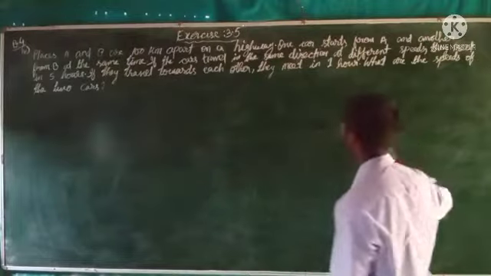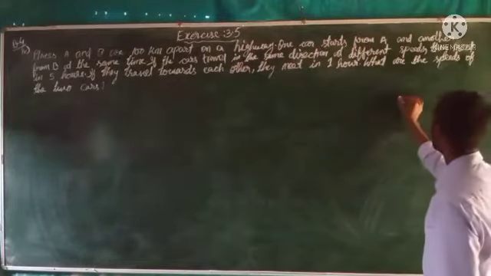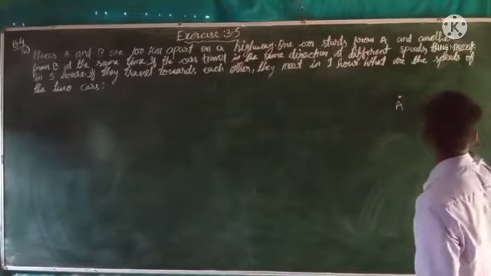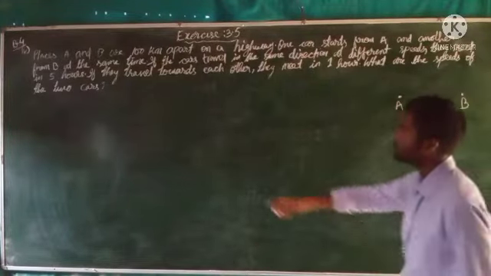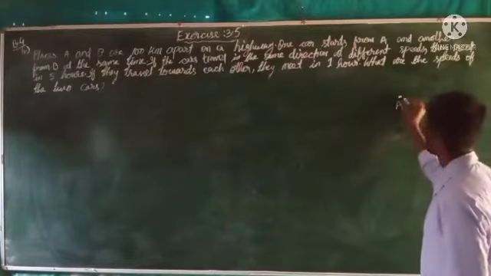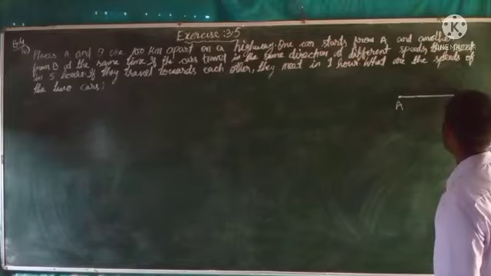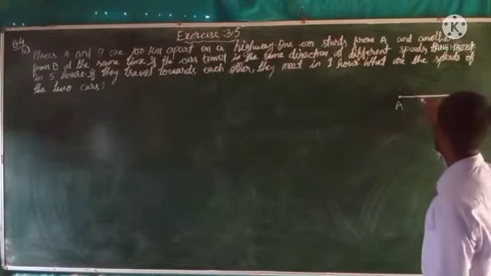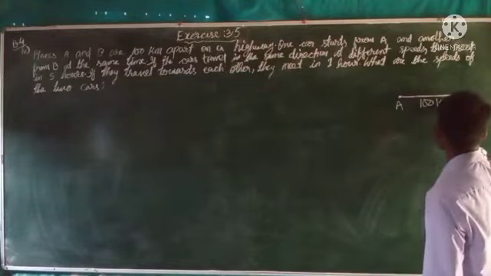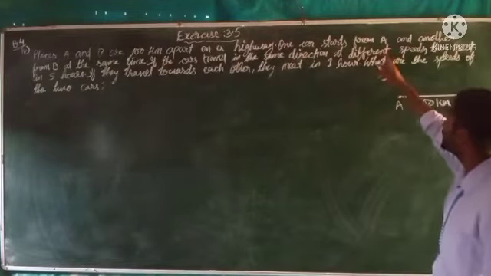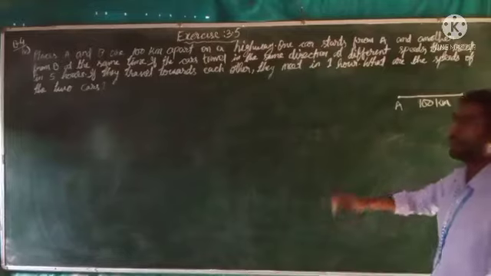Now the conditions are given that there are two places A and B, and they are 100 km apart. That means the distance from point A to point B is 100 km. Again, one car starts from A and another from B at the same time.